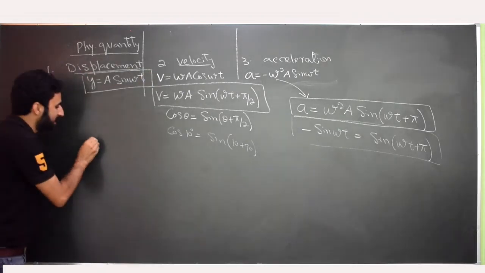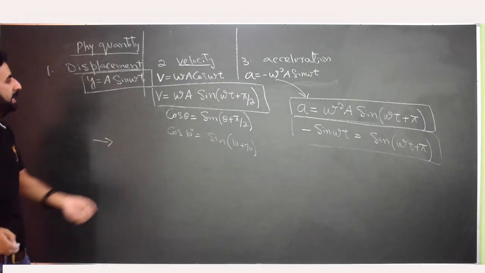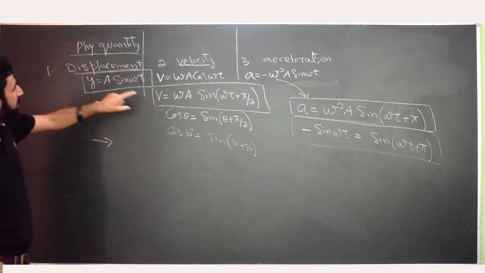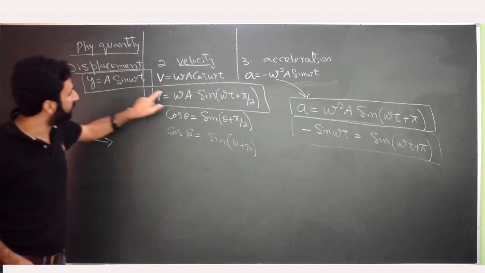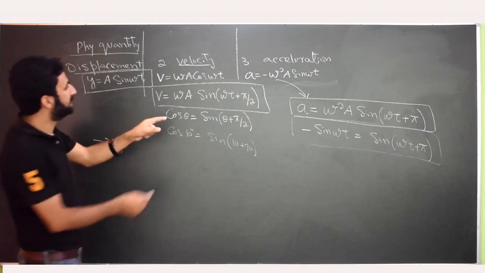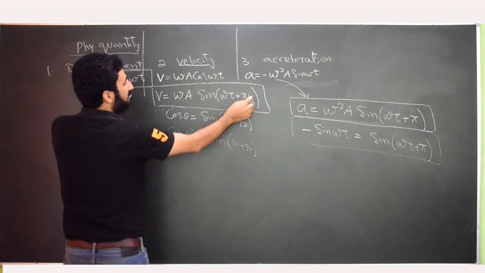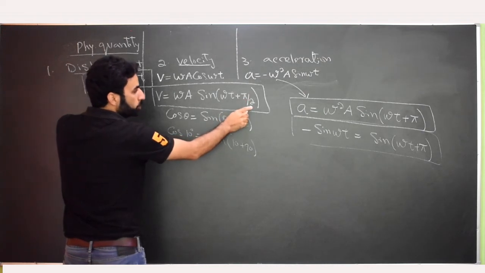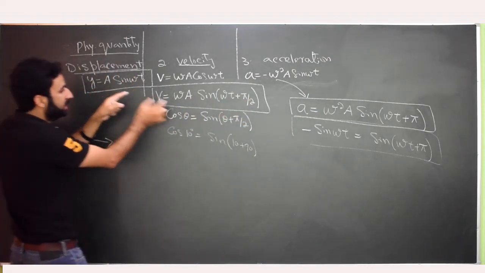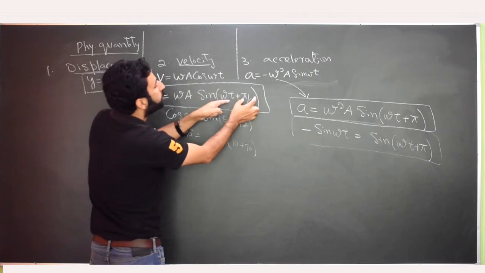Now we can have some essential conclusions from here. If we compare the equation for displacement and velocity of a particle, we can see that the velocity of a particle leads the displacement by a phase angle of pi by 2. Because here you see sine of omega t, here it is sine of omega t plus pi by 2.